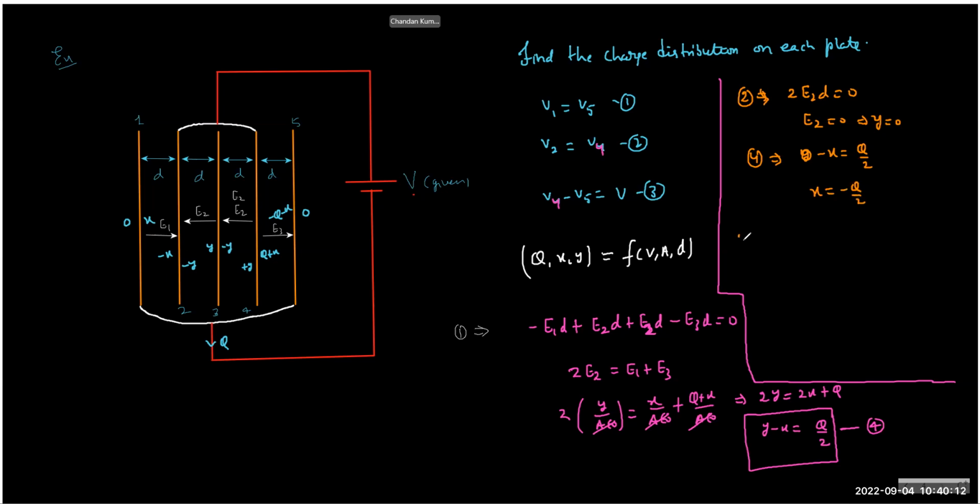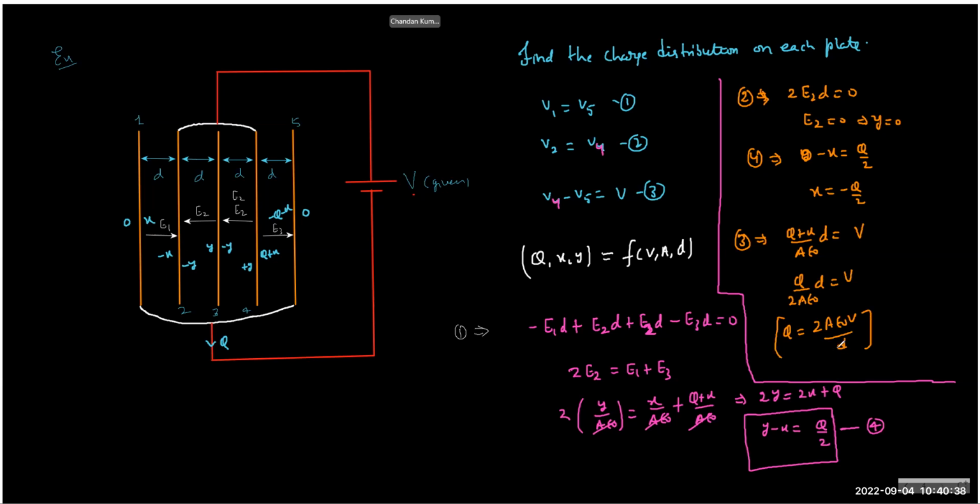And then 3 implies Q plus X by A epsilon naught, and X we know. So you get Q. That's it. The answer is option 2A, or V by D.